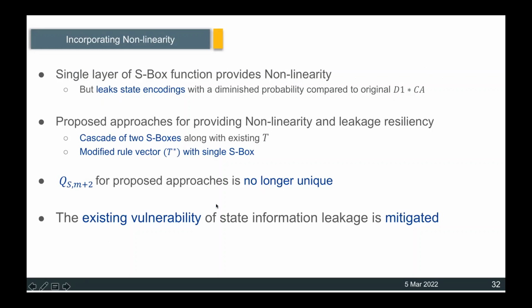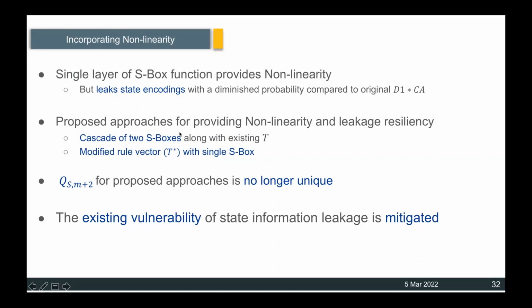And so we considered two possible alternatives. One in which we cascade two popular S-boxes along with the existing T, that means the cellular automata T that you have. And in another construction, we modify the rule vector T star with a single S-box. So we modify the cellular automata T to a matrix called T star.